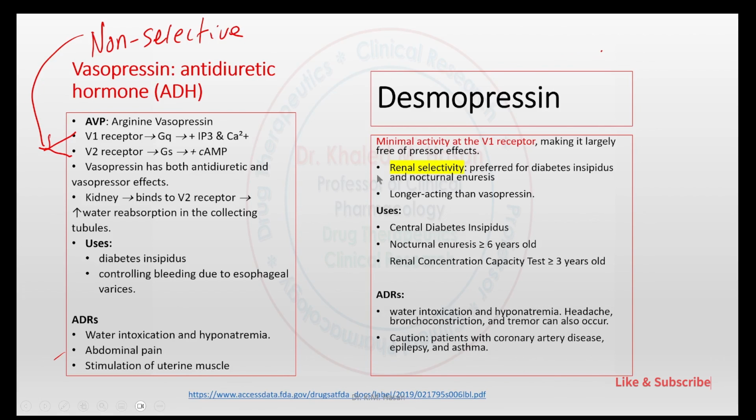Desmopressin is considered a renal selective agent, preferred for diabetes insipidus. Desmopressin has a longer duration of action compared with vasopressin. We use it for central diabetes insipidus, nocturnal enuresis in children above 6 years old, and renal concentration capacity test for children above 3 years old.